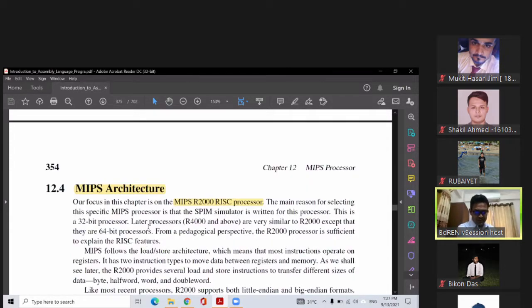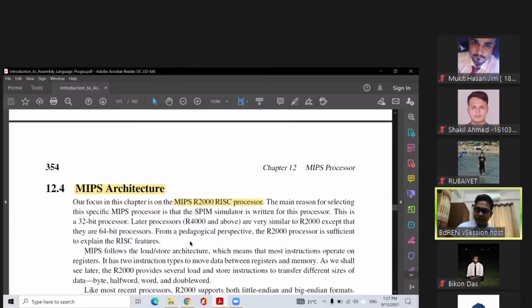For the MIPS architecture, we are going to discuss MIPS R2000. Remember the name, MIPS R2000 processor. This is very similar to our Intel 32-bit processor. In chapters 3, 4, 5, and 7, all those processors are generally Intel processors, and those are 32-bit processors.